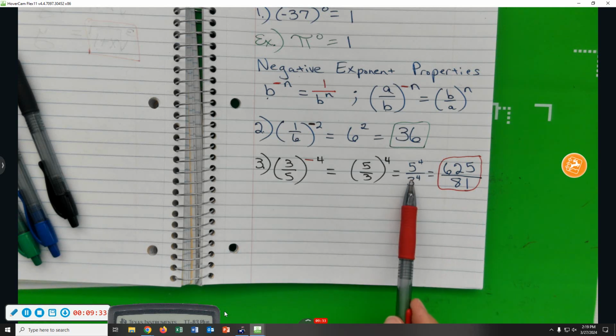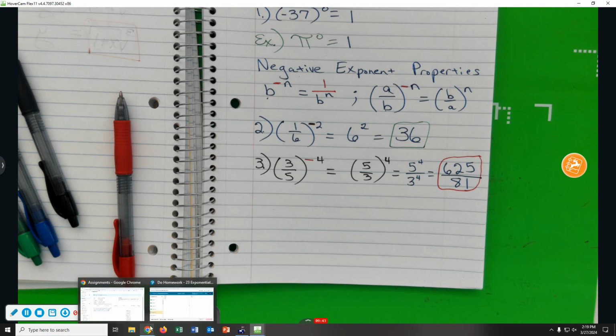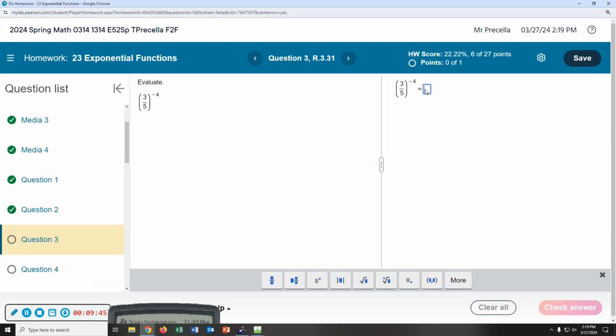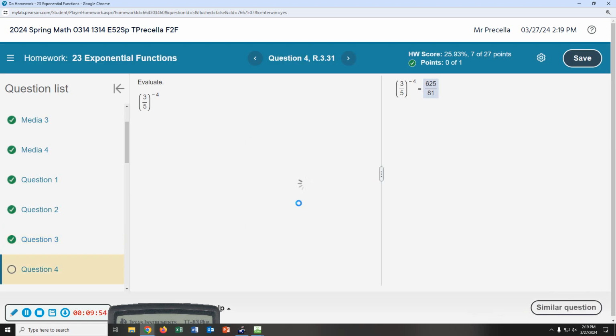Because if it were going to be reduced, then we should be able to cancel something in the form of 5 over 3. 625 over 81. Any questions there?